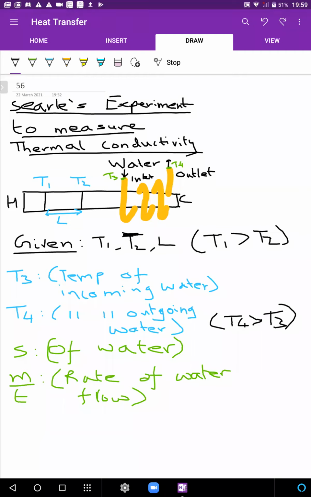You're also given A, the area of the rod. Of course, we need to find K.